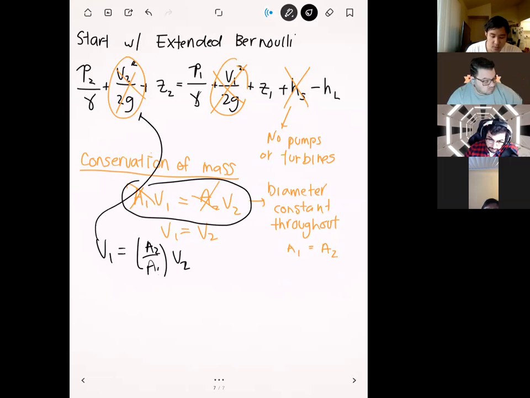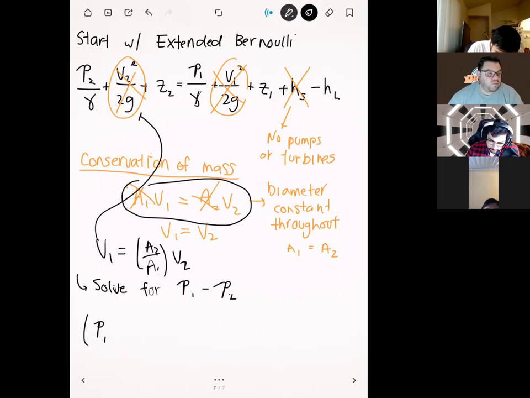And so let's solve this expression for P1 minus P2. P1 minus P2 looks like this.